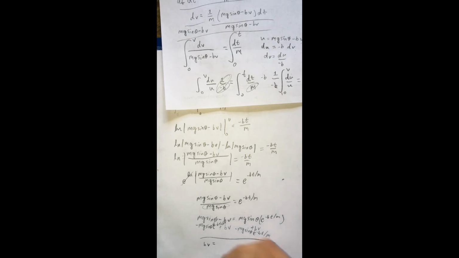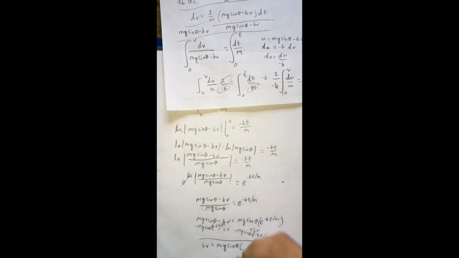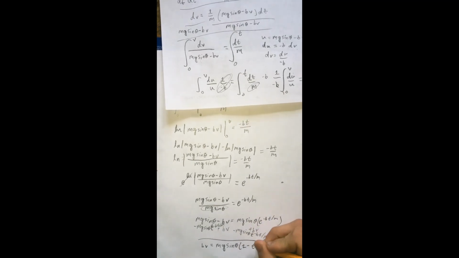So now we can take out the mg sine theta, and what that leaves us with is 1 minus e to the negative bt over m, because mg sine theta minus mg sine theta times e to the negative bt over m is the same as 1 times mg sine theta minus e to the negative bt over m times mg sine theta. So we can bring the mg sine theta out to the front, and we're left with mg sine theta times 1 minus e to the negative bt over m.